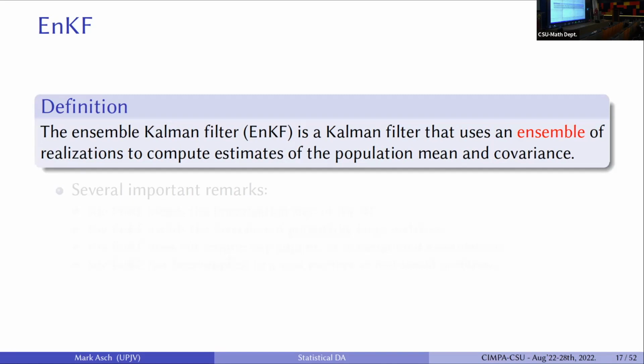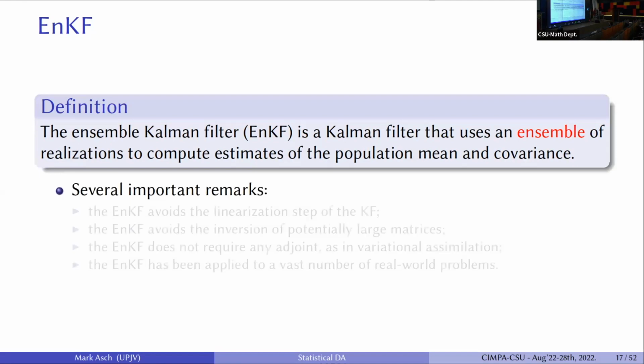So one of the most important extensions of the Kalman filter is called the Ensemble Kalman filter. It uses an ensemble, in fact, a set of realizations to compute estimates of the population mean and an estimate of the covariance. So you'll see that we don't have to compute the covariance by inverting the Kalman gain matrix like before, but we can estimate the Kalman gain matrix by taking suitable means and variances over a whole set, or an ensemble, of realizations.